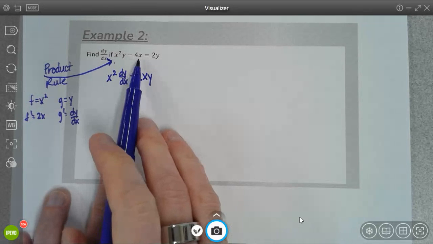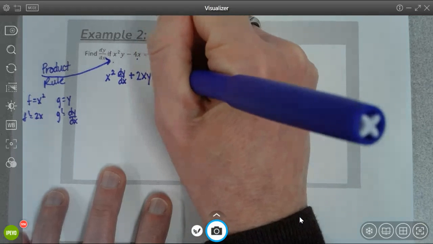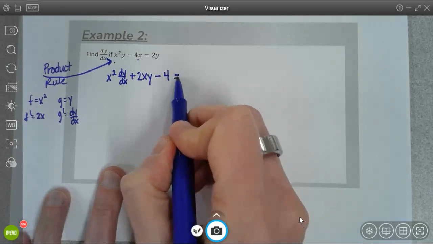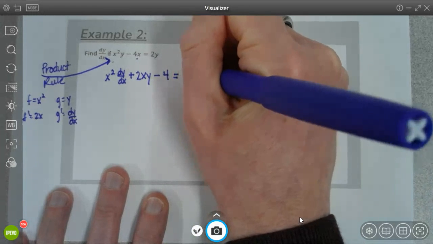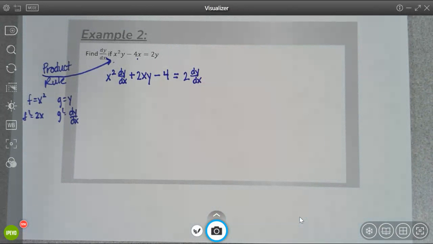Here I have negative 4x. The derivative of negative 4x with respect to x would just be negative 4. Then I'm going to put my equal sign, and the derivative of 2y would be 2, and then dy/dx. Because again, if I'm applying the chain rule to that, the derivative of y would be 1, and then I would multiply by that derivative of y with respect to x.